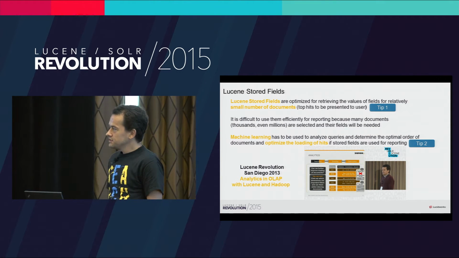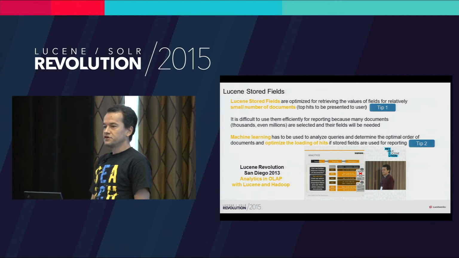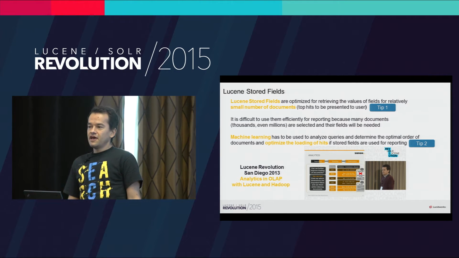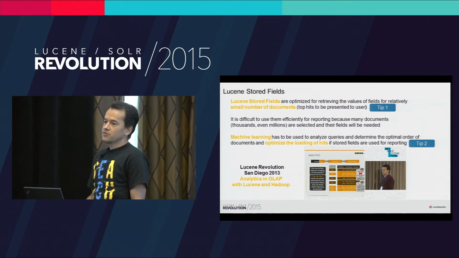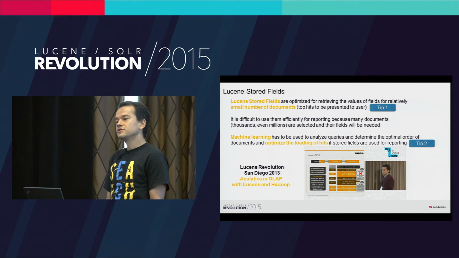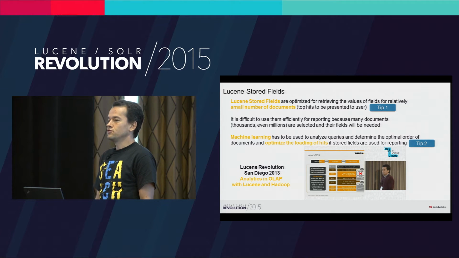In 2013 at the Lucene Revolution conference, I gave a talk, and at that time we didn't have doc values, and in spite of that, it was possible to build reporting with Lucene without doc values.